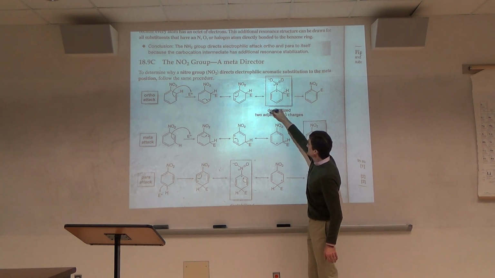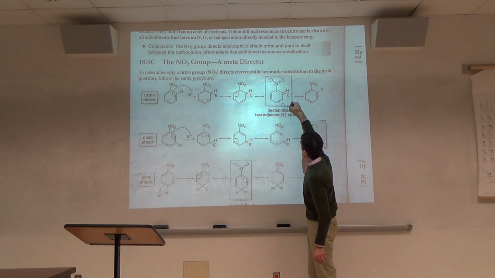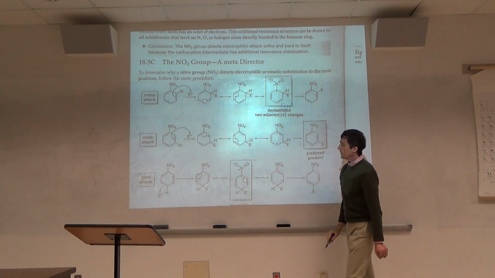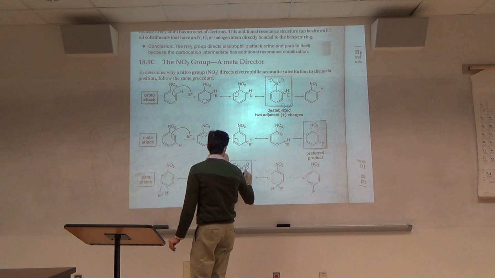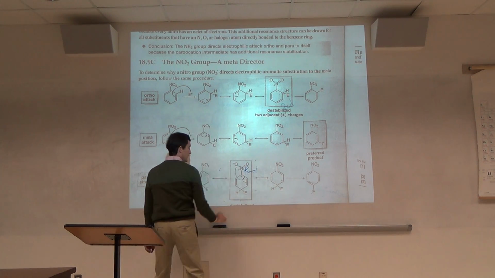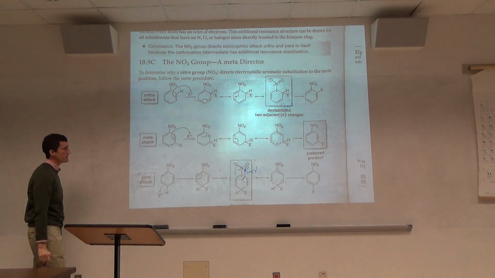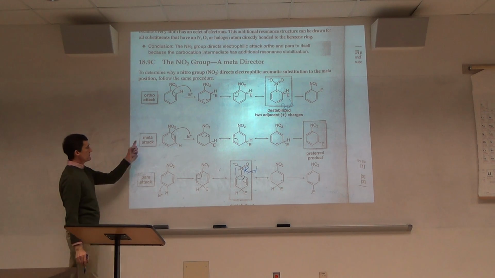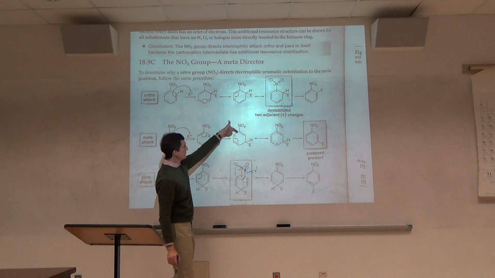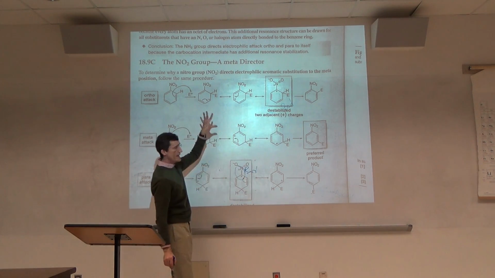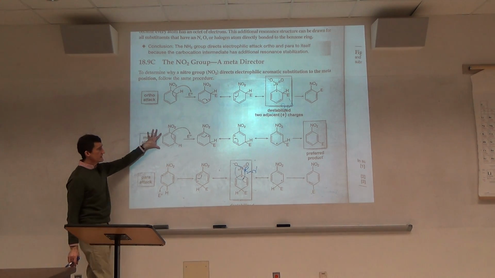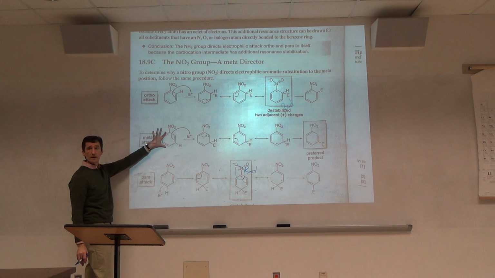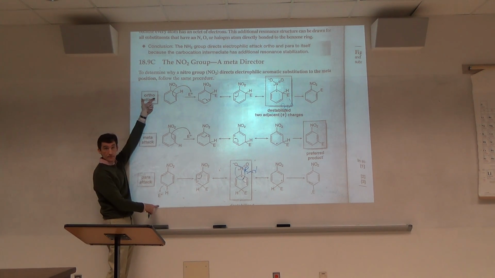That's actually a destabilizing effect. This is actually bad. You also get the bad one when you do para. Bad. Pluses next to each other. But if you do meta, the plus never falls where the group is, and so you don't get the bad. So the reason it goes meta is not because there's something good, it goes meta to avoid the bad.